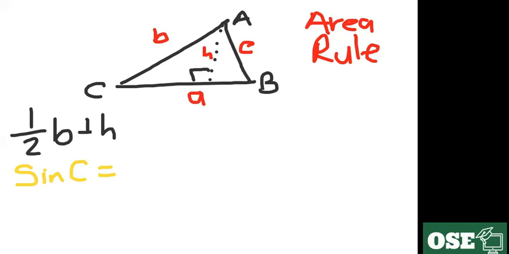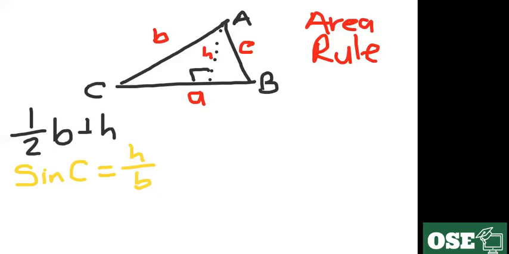So sine C is opposite, which is H, over hypotenuse, which is B. So H over B.